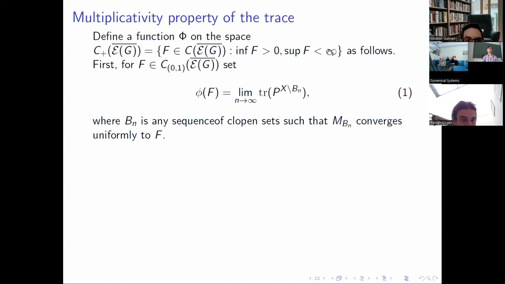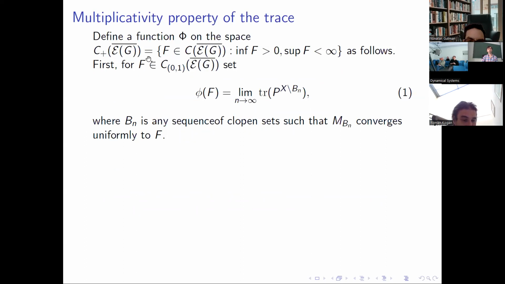Using these properties, we can define a new function on the space of positive continuous functions with positive infimum and finite supremum as follows.